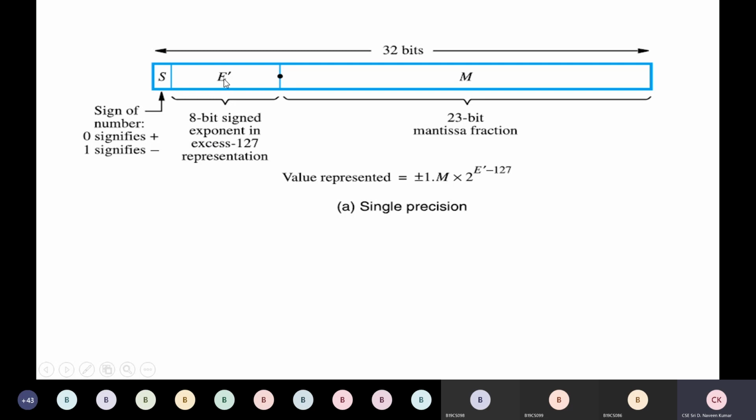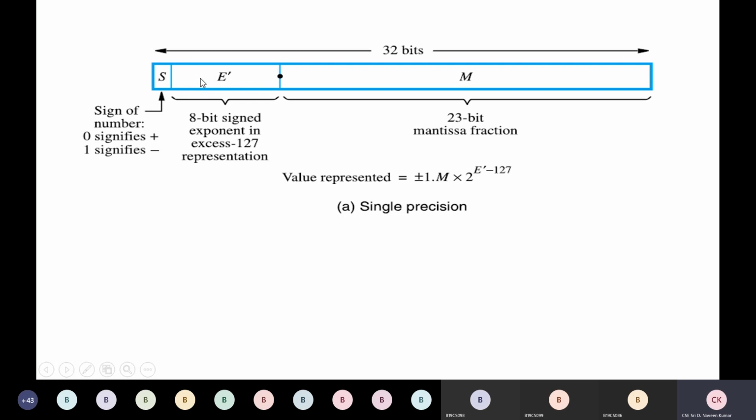And this E is for the exponent, but we wrote it as E dash. It is said to be the exponent in excess 127 representation. We will see some information on what the excess 127 representation is. And remember, this is 8 bits.